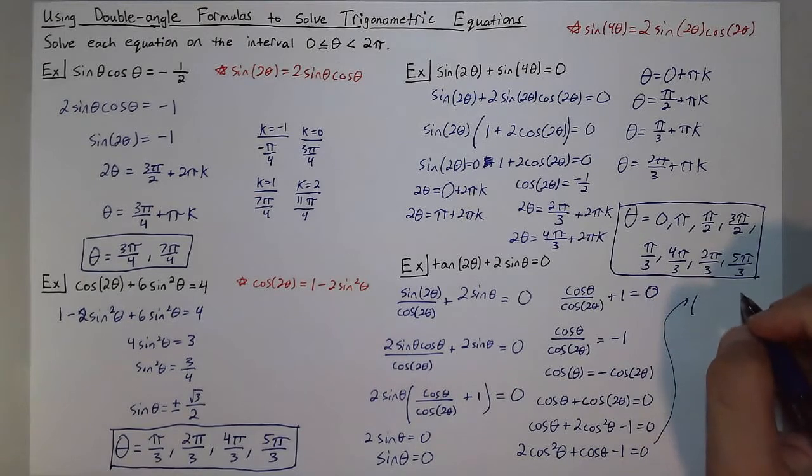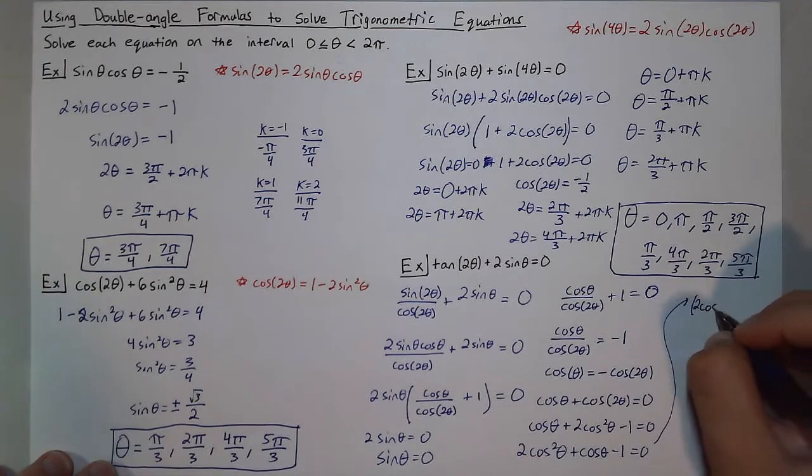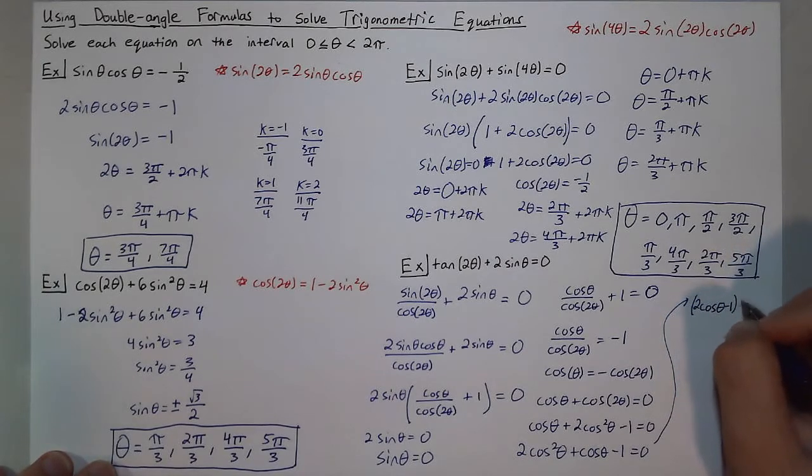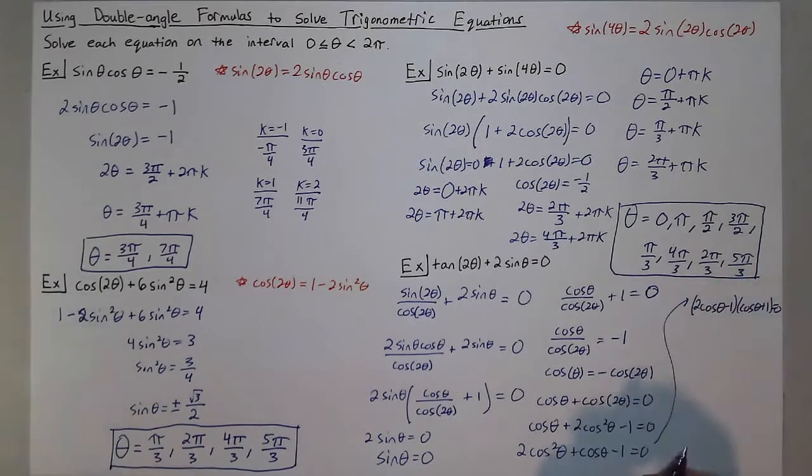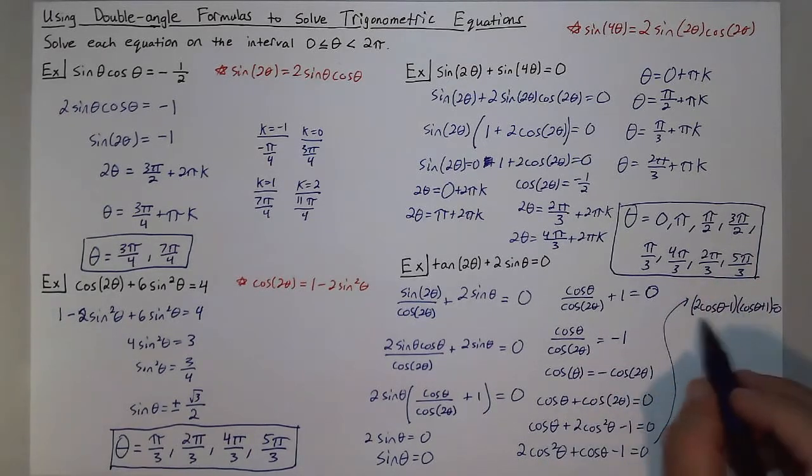2 cosine of theta minus 1 times cosine of theta plus 1 equals 0. I know it's getting squinched in, but those are my 2 factors.